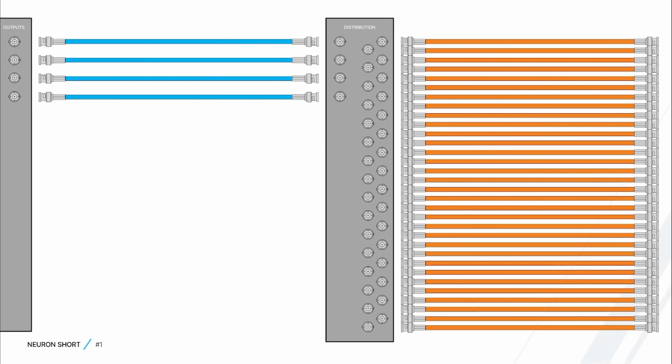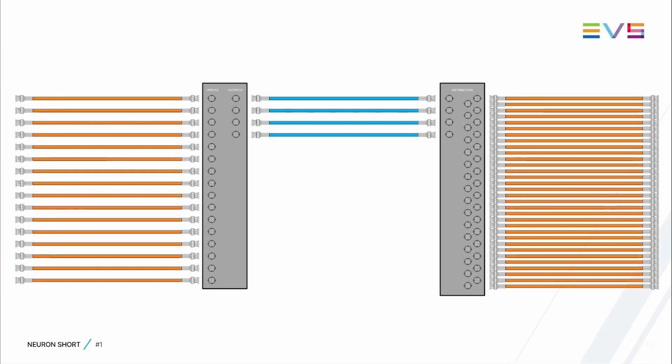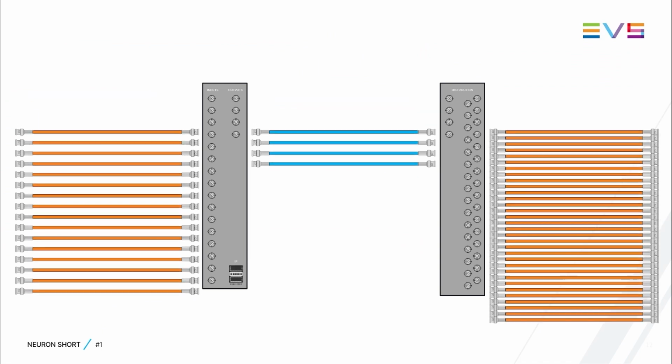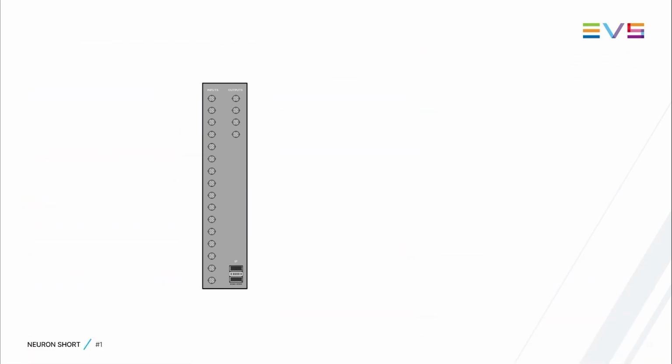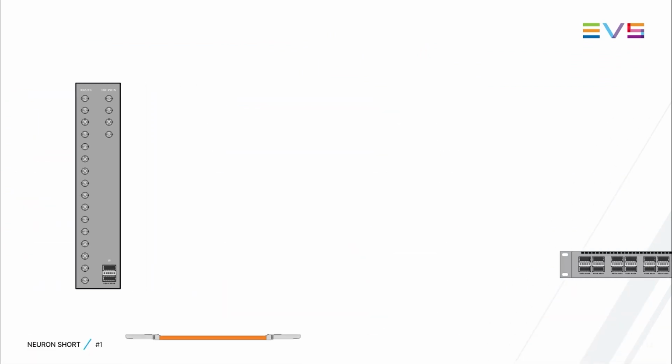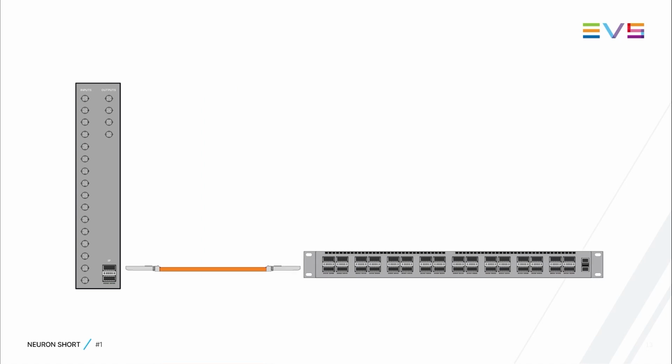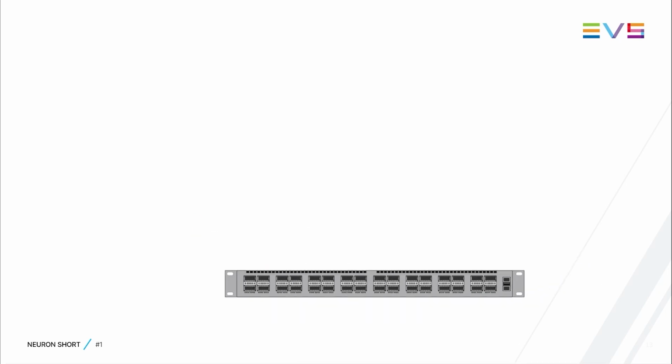Going back to the previous example, if the device is upgraded with IP, you can throw out all coax cables and distribution devices and simply connect it to a network switch using only one cable. So nowadays we have these 100 GB per second Ethernet cables in our equipment rooms, carrying dozens of signals. 32 video channels over 100 gigs per second or 5000 audio channels over 10 gigs per second is not exceptional.